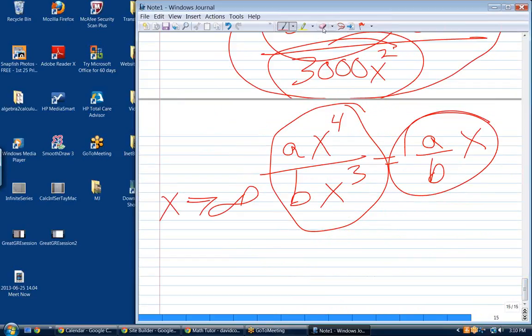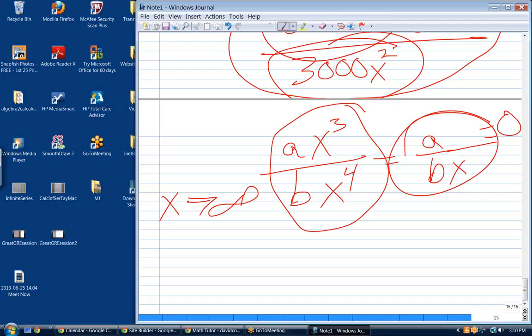And if it's the reverse, this is always going to go to a over bx. And in this case, the denominator blows up, and this whole thing has to go to 0. So when your numerator blows up alone, the whole thing goes to infinity.